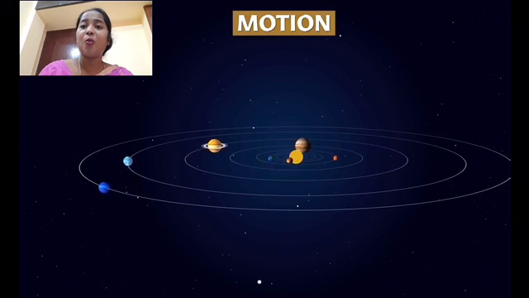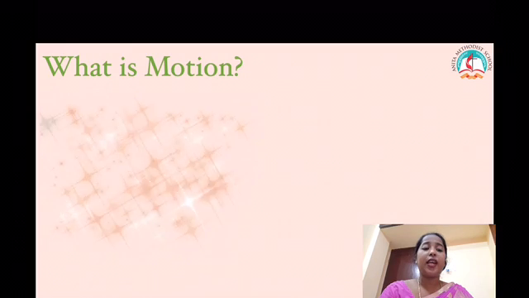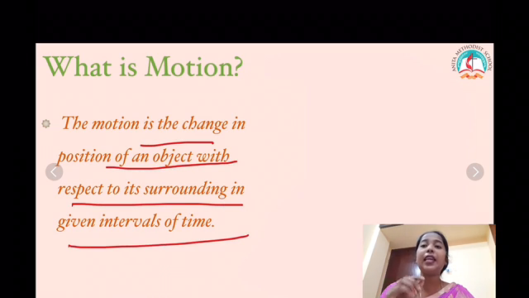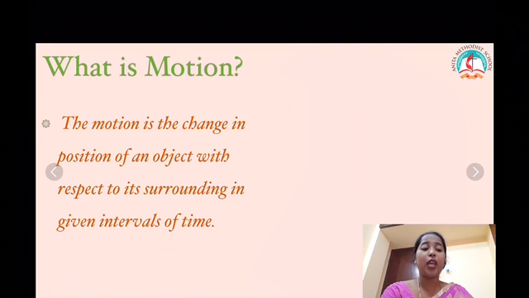So children, what is motion? Motion is a change in position of an object with respect to its surroundings in a given interval of time. So, we can define motion as the change of position of an object with respect to time.